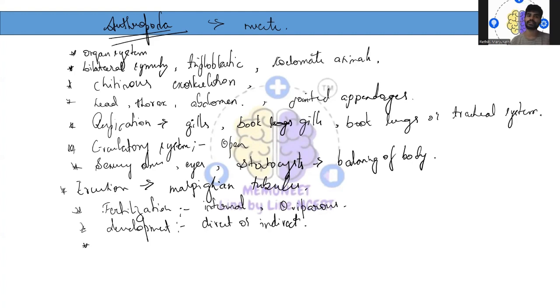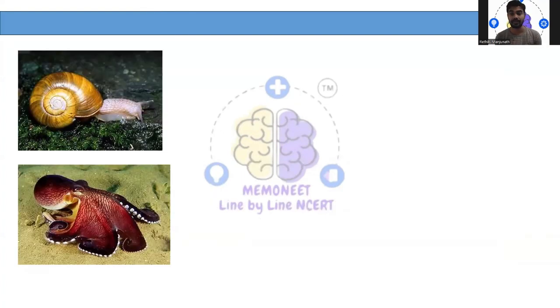There are many examples with respect to Arthropoda, so make sure you refer to the NCERT textbook, because they have given the proper examples. The next phylum will be phylum Mollusca.